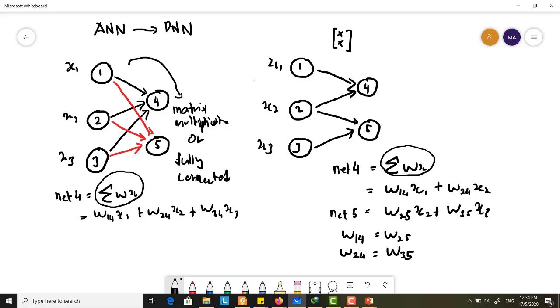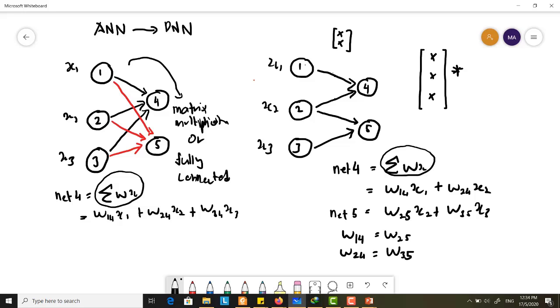Because this is not a two-dimensional signal, it is a one-dimensional signal, this is a one-dimensional convolution, not a two-dimensional convolution. Your input is one-dimensional, with 3 items there, x1, x2, and x3, and then you convolve.